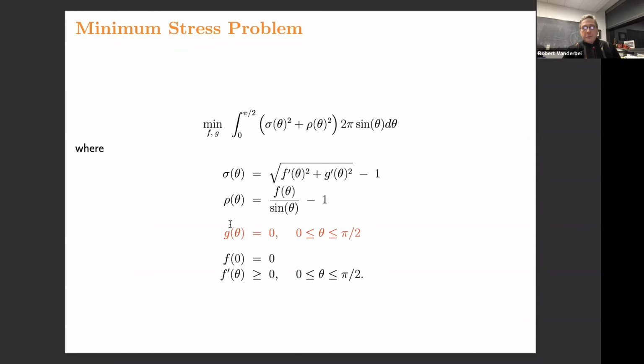But the main constraint here is we want to stretch this so that it's flat. I would like to figure out the stress where g, the vertical component, g of theta is equal to 0 for all theta. This is the interesting thing, and this is why I highlighted it here. But there are a few other things that are important for the analysis in coming slides, and that is f of 0 is equal to 0.